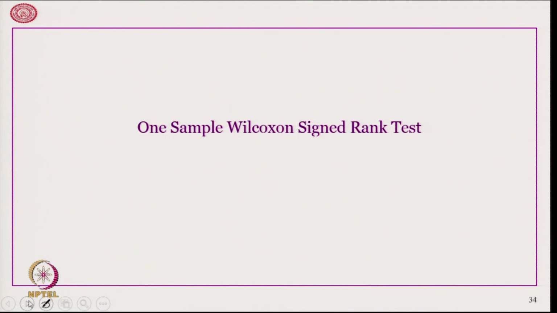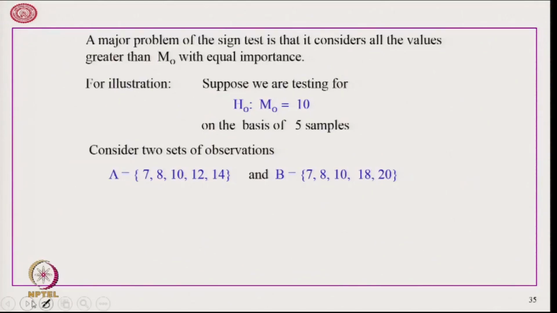Sign test is very simple, but it has one problem. As I illustrate here, suppose with respect to some data we are testing if m naught is equal to 10, that is the hypothesized median is equal to 10, and we have taken 5 observations. Suppose these observations are 7, 8, 10, 12 and 14.